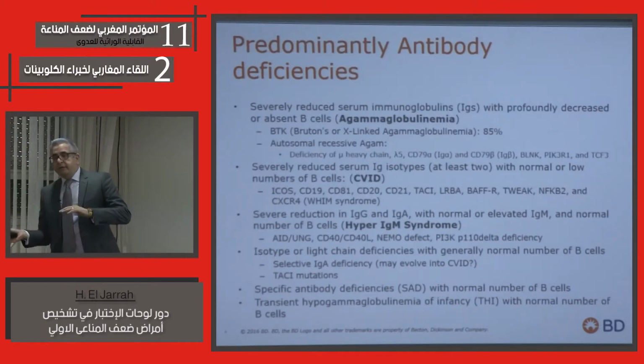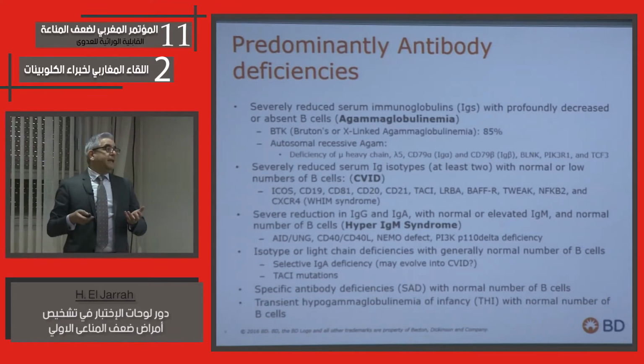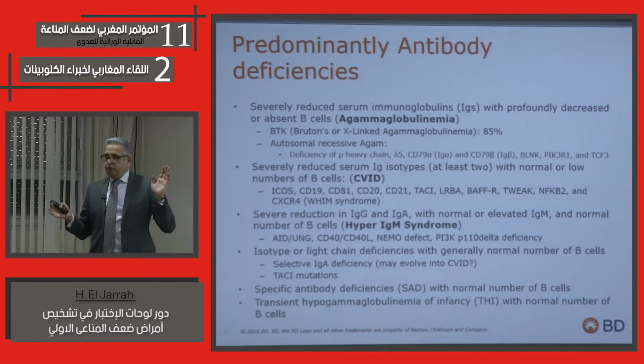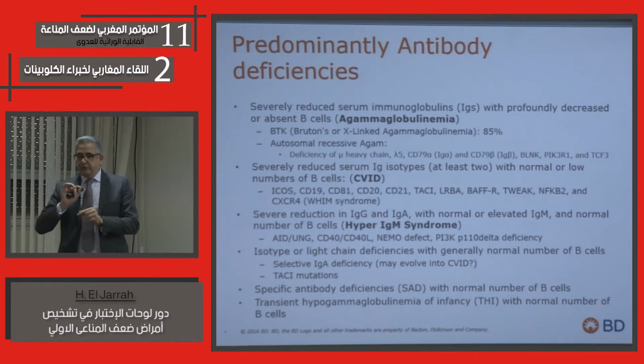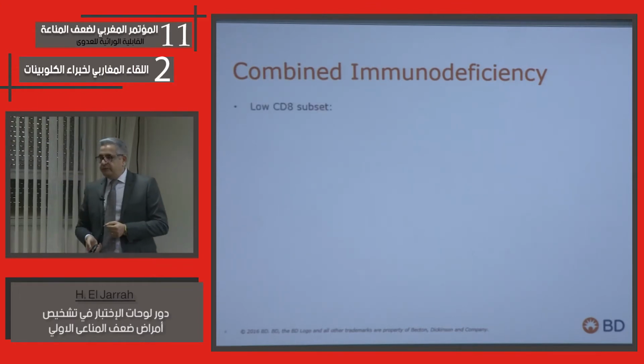So there are the predominantly antibody-related deficiencies. And it's a very long list. I will not go through them because the focus of the talk is on cellular responses, or cellular deficiencies. And there are the combined immunodeficiencies.